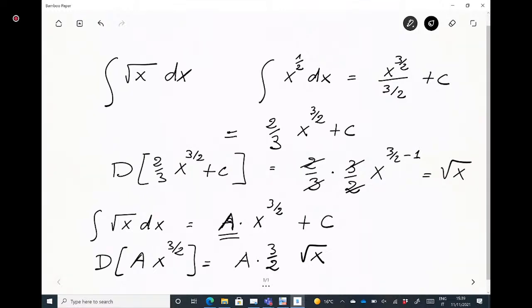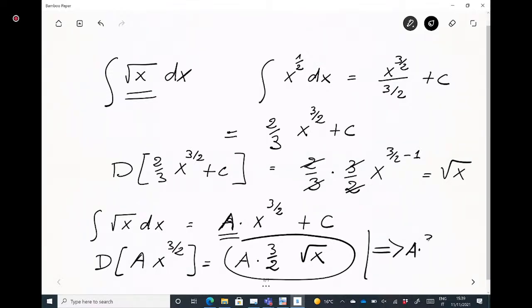Now, this must be equal to the integrand. So a multiplied by 3/2 must be equal to 1, because the coefficient of the square root of x is 1 here, which means that a is equal to 2/3.